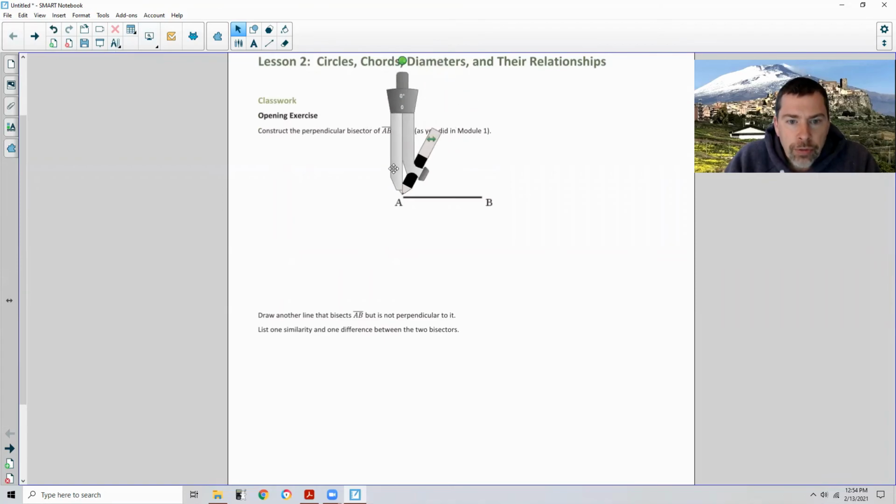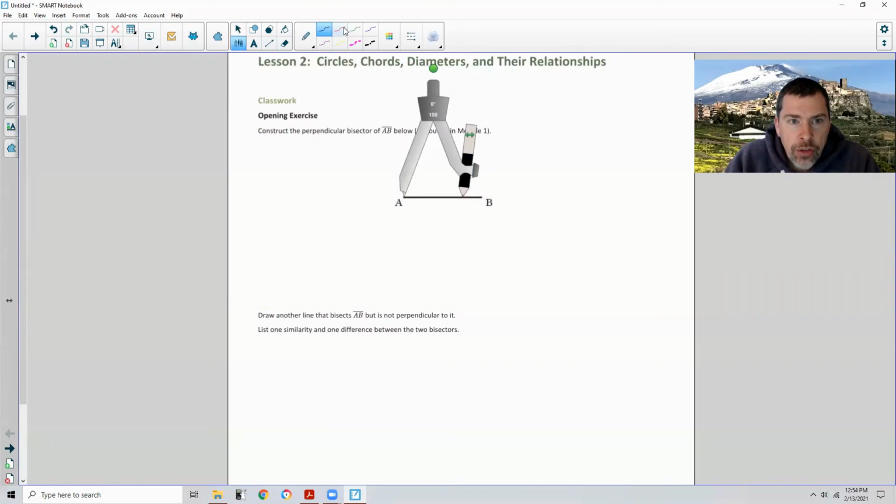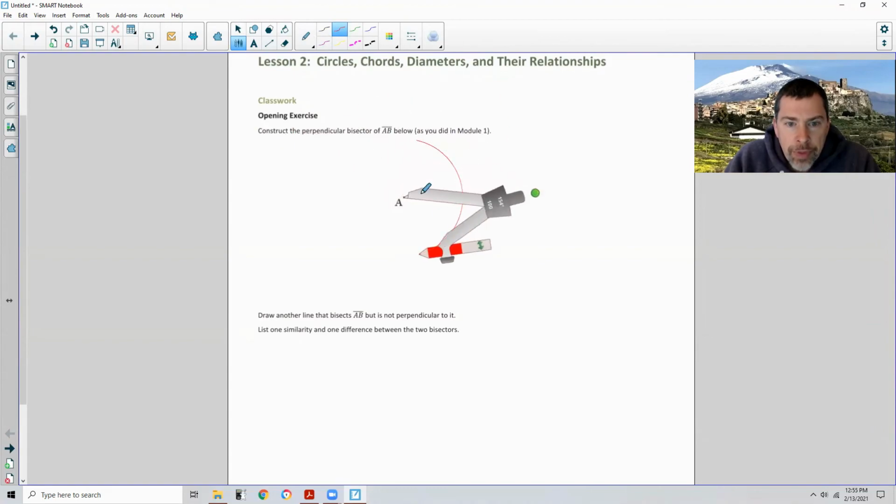So here we go. What you do is you put your compass stylus, the point, at one end, open your compass more than halfway, and you draw an arc from A. Without changing the radius of your compass, you then put the compass at the endpoint B and repeat the process.